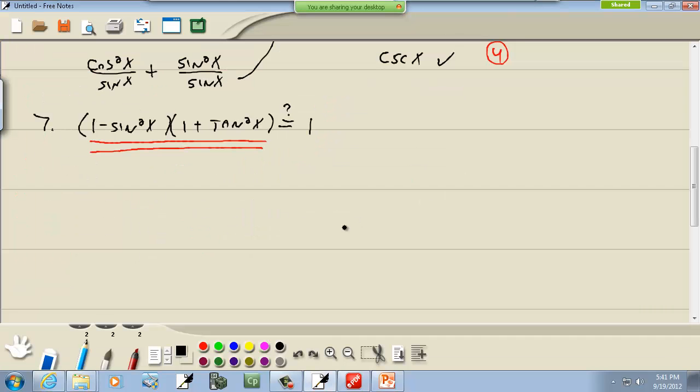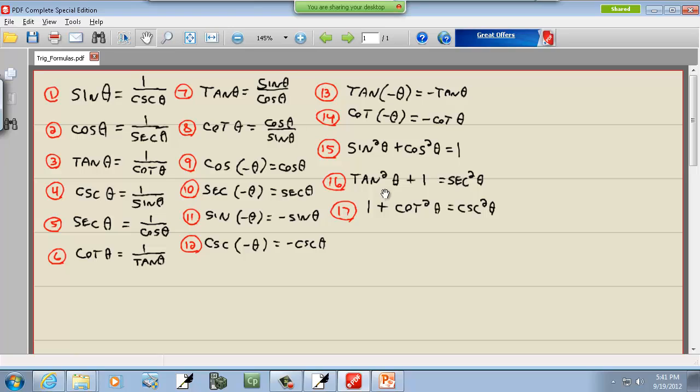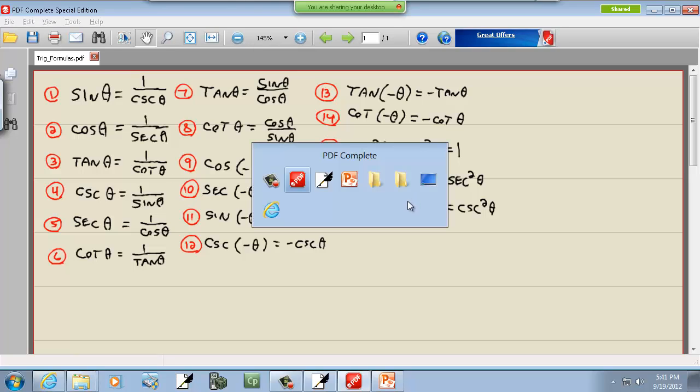So 15 says sine squared plus cosine squared is equal to 1. Now this we're going to use for this one. And the other one is 1 plus tangent squared, which is I think 16. 16, tangent squared plus 1.